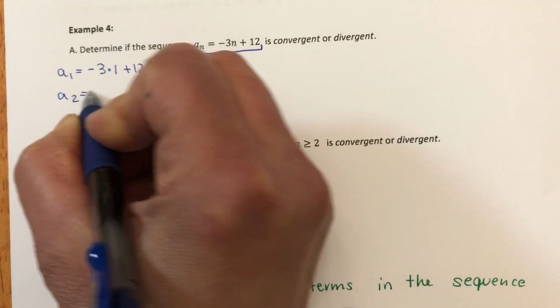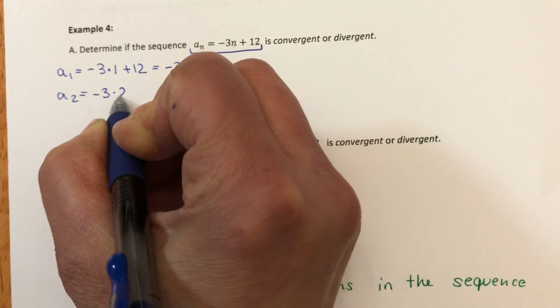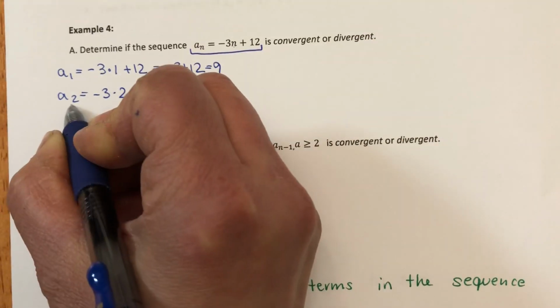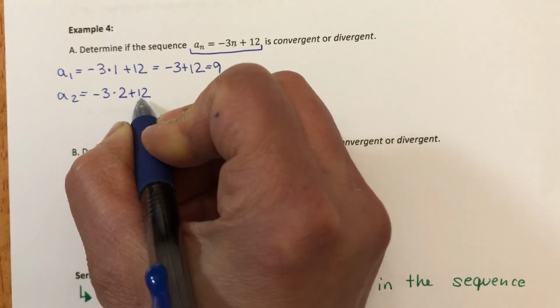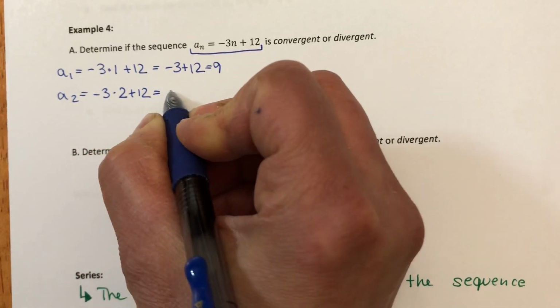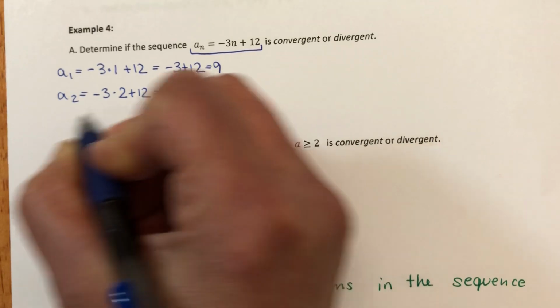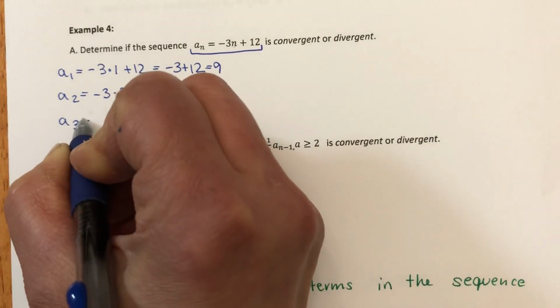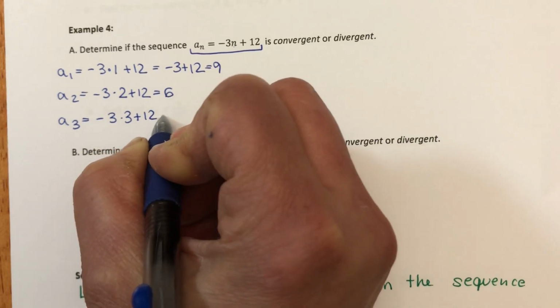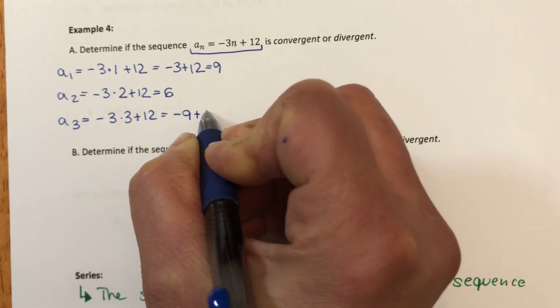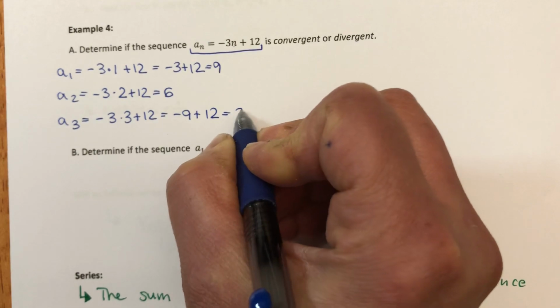Second term, negative 3 times 2, again in place of n I am plugging in this number, so negative 6 plus 12 is 6. Third term is negative 3 times 3 plus 12, so negative 9 plus 12 is equal to 3.